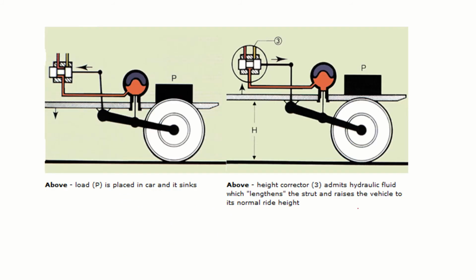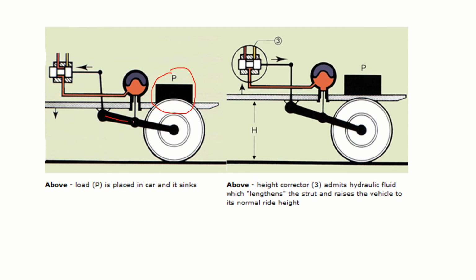Okay. So you must have seen many vehicles have this hydraulic ride height adjusting system. You can see in this, right, the moment you put a load over here, this will go down.